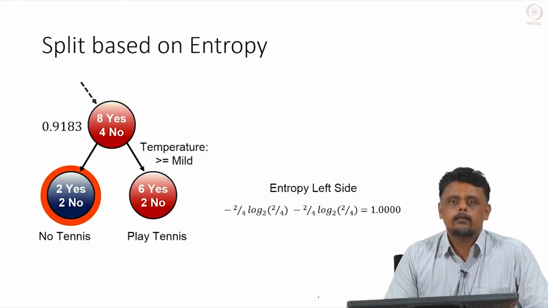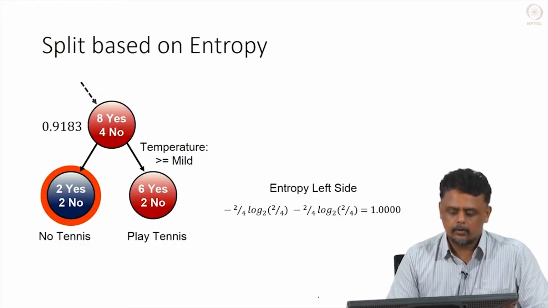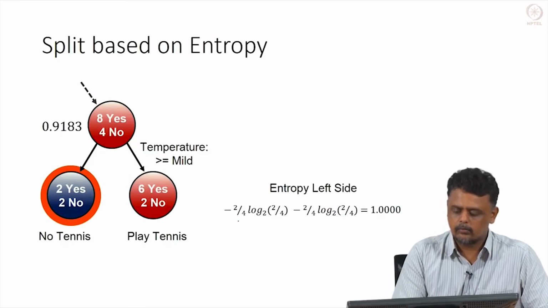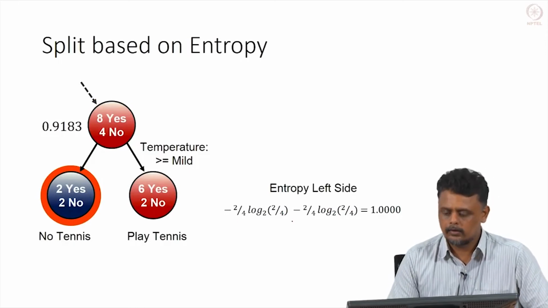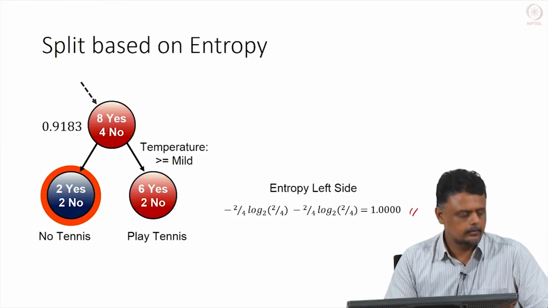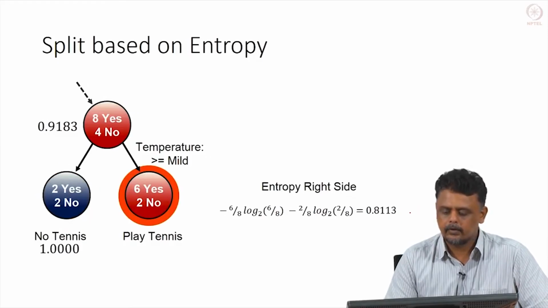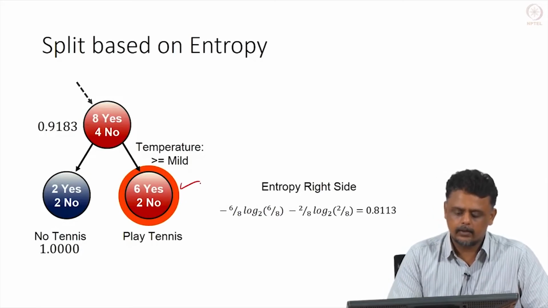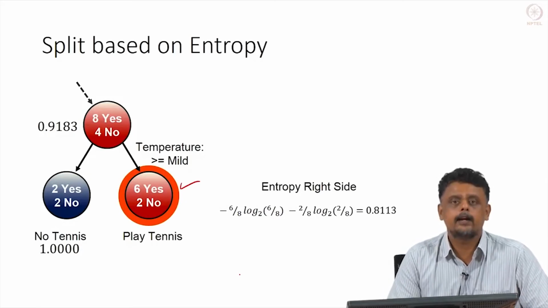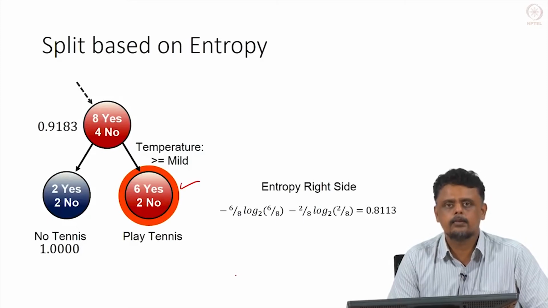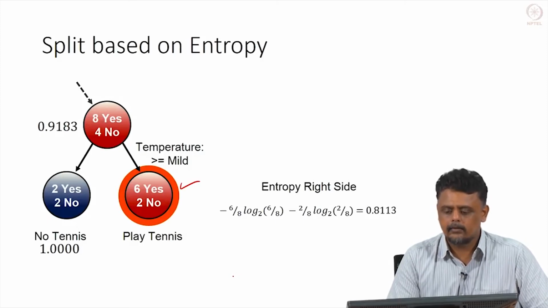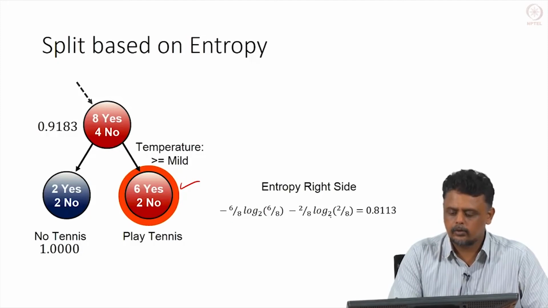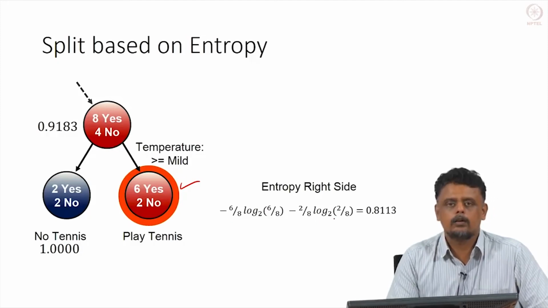Then we go about calculating the entropy on the left, which in this case is minus 2 over 4 log 2 over 4, and that is about 1. Okay. And the entropy on the right hand side: there are 8 data points there, 6 of them correspond to yes, 2 of them correspond to no, so we have 6 over 8 log 6 over 8 and 2 over 8 log 2 over 8.